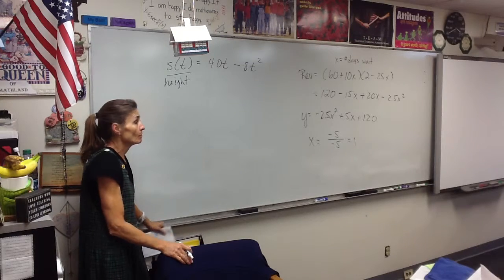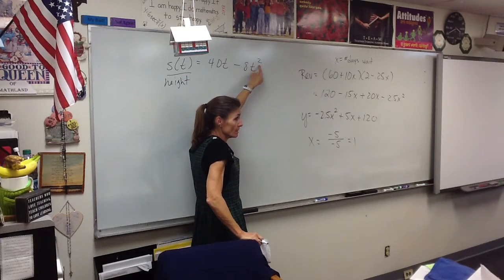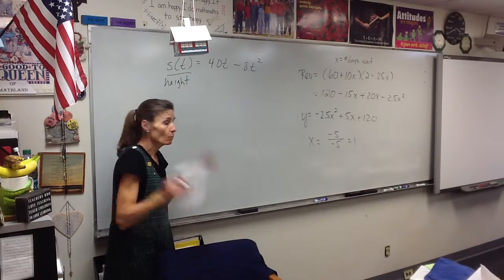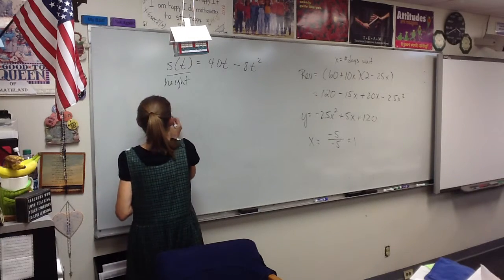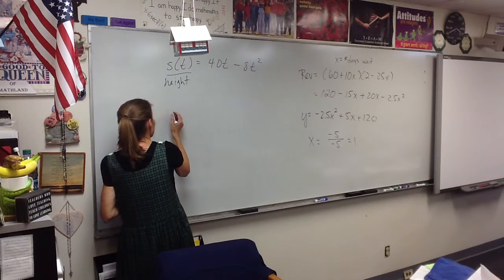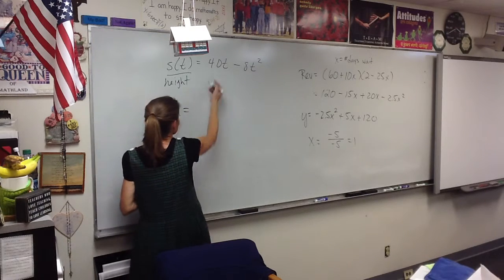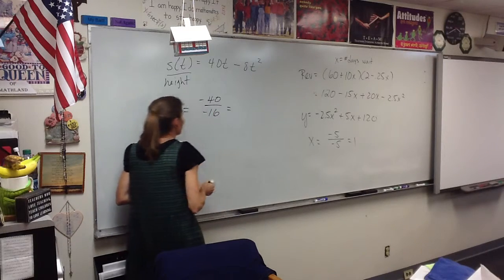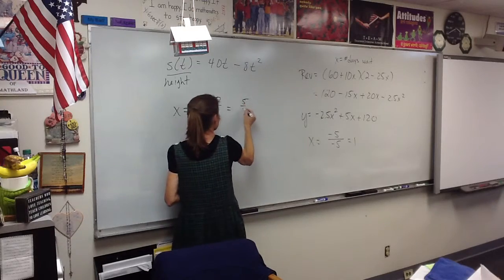On the vertex. This is a squared equation. The word maximum is being used. What does that automatically mean? Vertex. We want the vertex. So the vertex will be negative b over 2a, which reduces to 5/2.